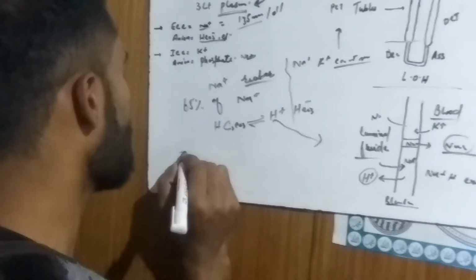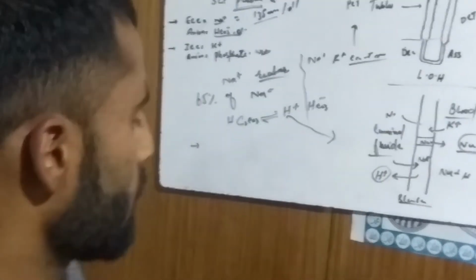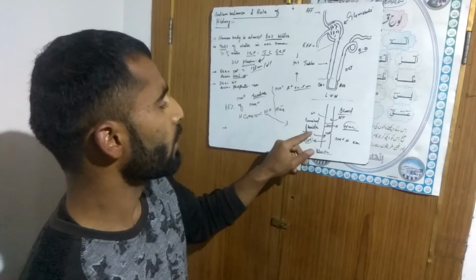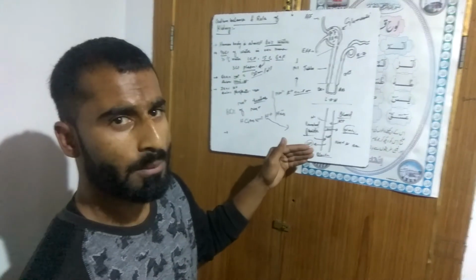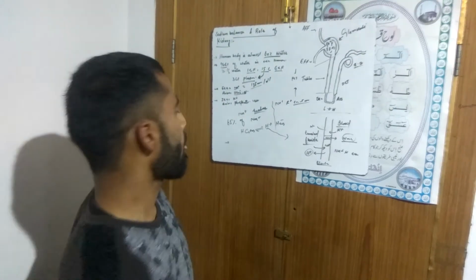So we have certain diuretics that are carbonic anhydrase inhibitors. These diuretics inhibit the release of this H+, so sodium reabsorption is ultimately inhibited, which leads to net loss of sodium with the urine.